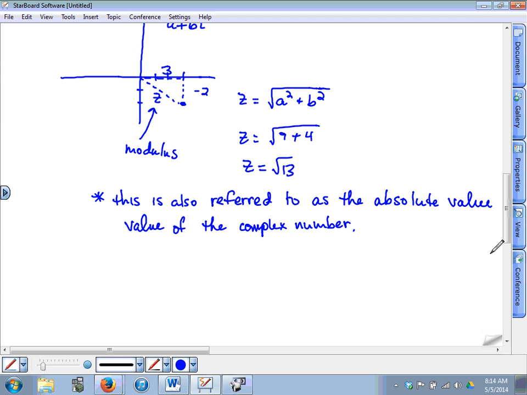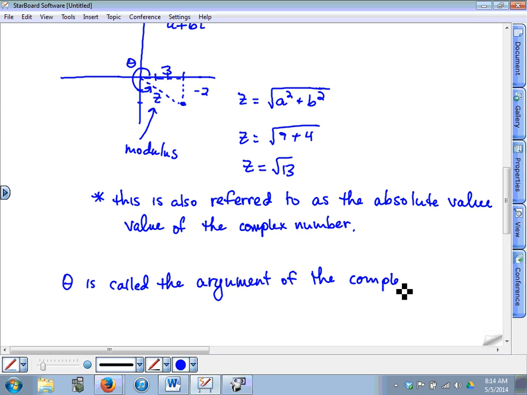What else do we need to know? We know the modulus. What else do we need to know? Yeah, we need to know the angle. Right there. That's called the argument. Theta is called the argument of the complex number.